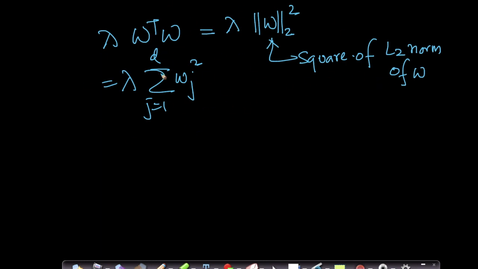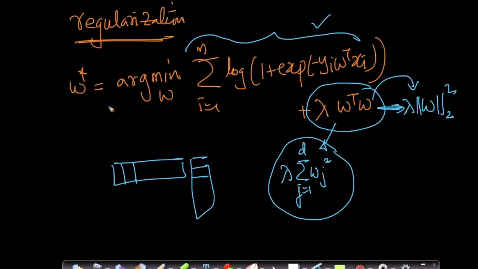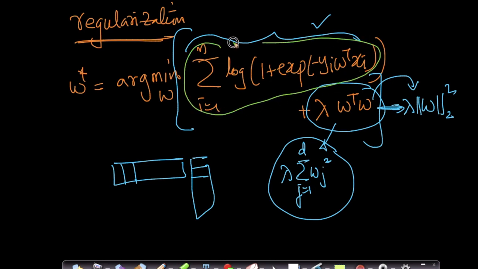Now let's understand what happens when we do this. When I say lambda times Wj square, remember this is a minimization problem. We're trying to minimize the sum of these two things. We are not just minimizing this part, we're minimizing this plus this.